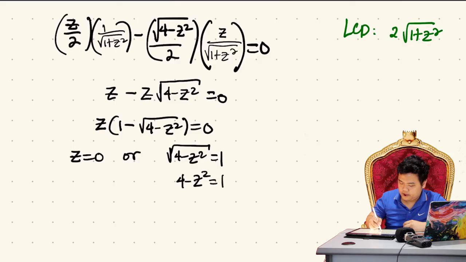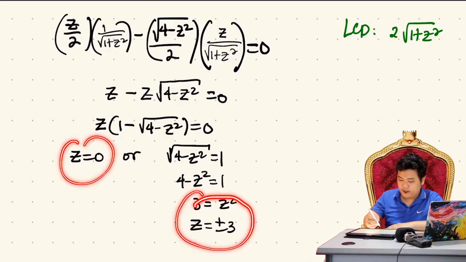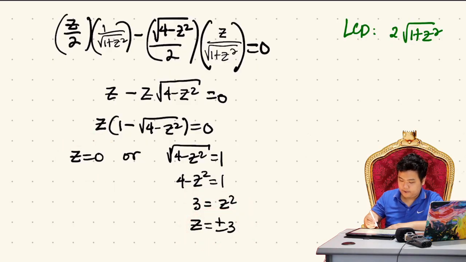So, 3 is equal to z square. So, z is equal to plus minus square root of 3. So, at least nakuha na natin yung z. So, may mga candidates na tayo. These are our 3 candidates. Plus minus square root of 3 and z equal to 0.